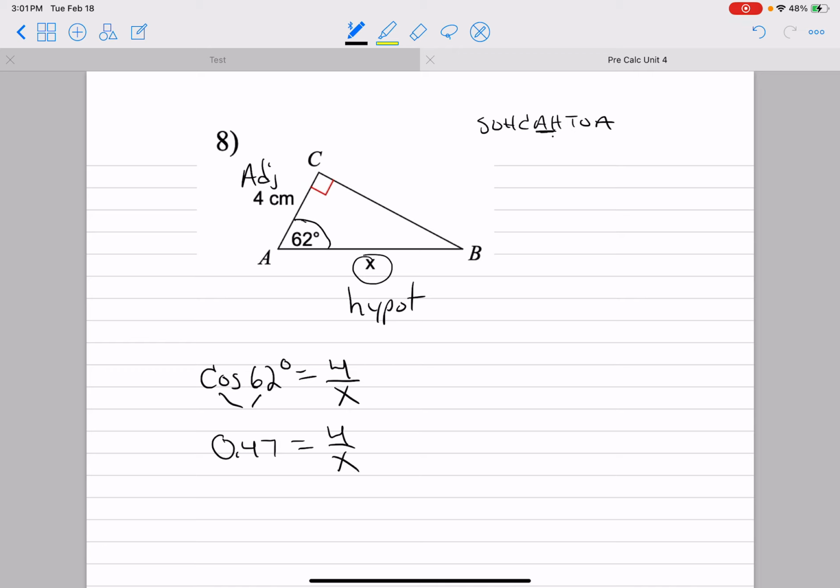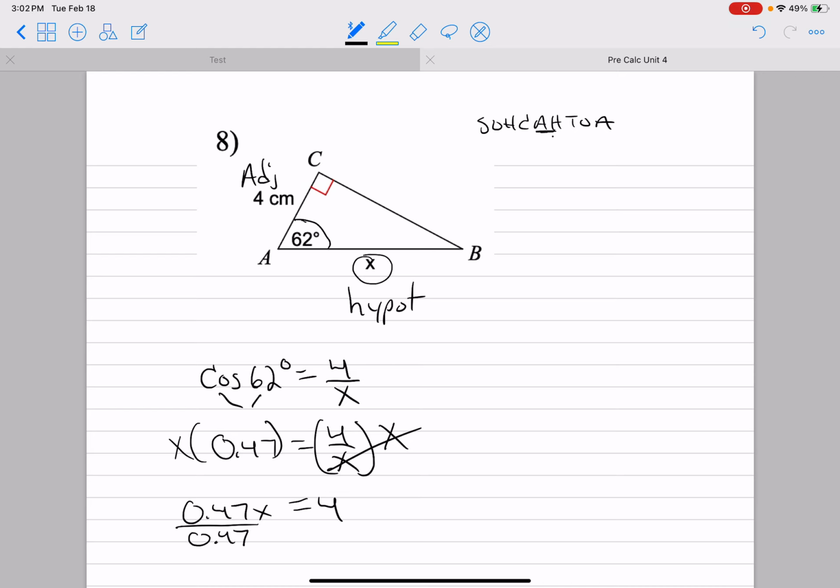Well, now you just got to solve for x. And we've talked about this. How do I get x out of the denominator? This is 4 divided by x, so I need to multiply by x. I end up with 4 equals 0.47x.